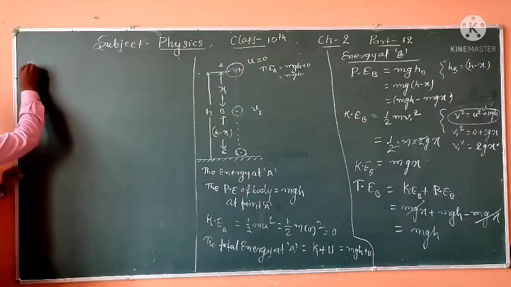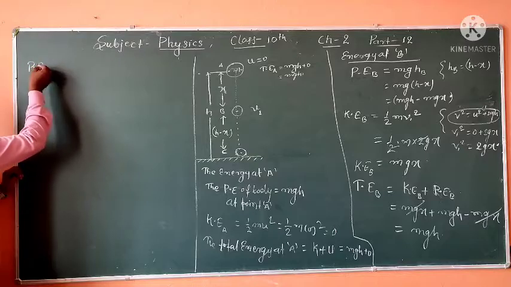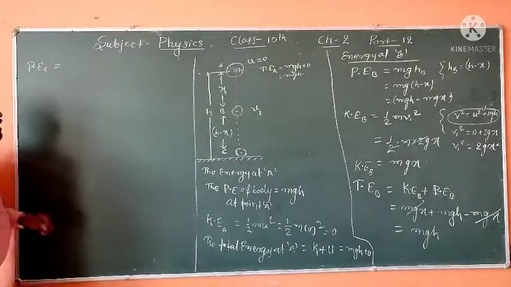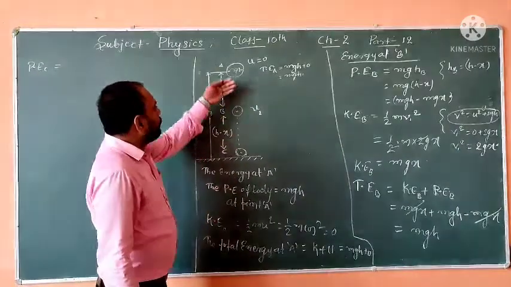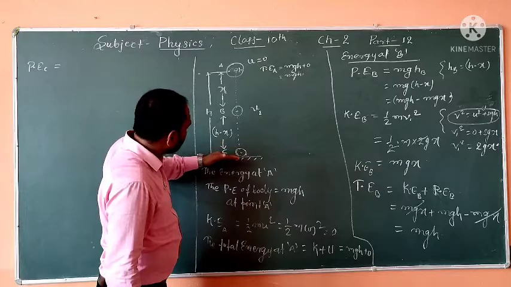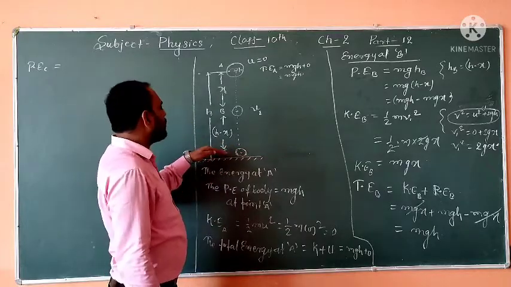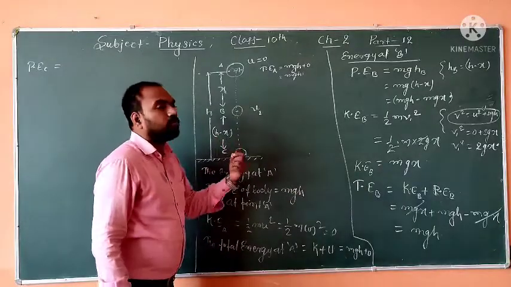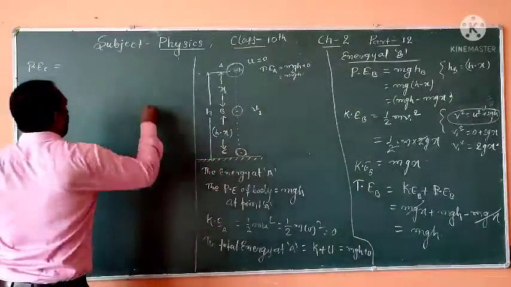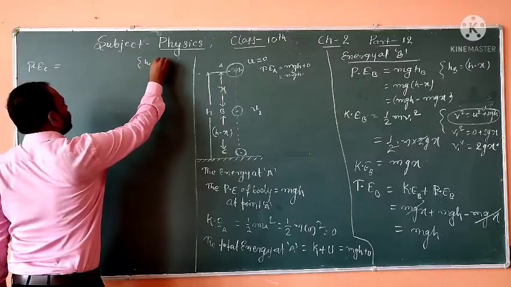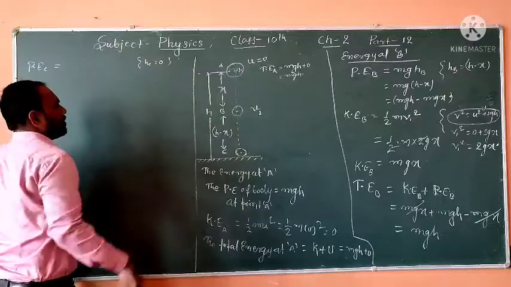Potential energy at C. Okay dear, as point C is almost near the ground, slightly above, the height of C from the ground is 0. Consider it.